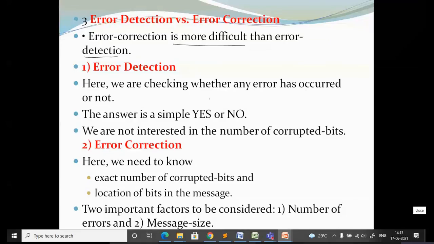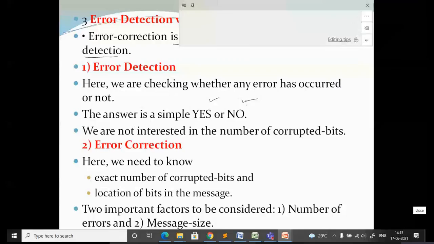You are just checking for a yes or no answer. Because you are going to run some algorithm, that algorithm gives a yes or no answer. If you get no, there is no error. If you get yes, that means there is an error. That's all done by the error detection method. It is not going to worry about any further things.